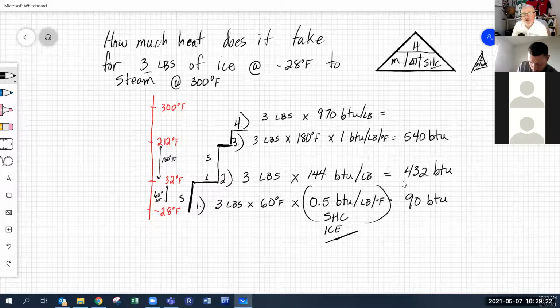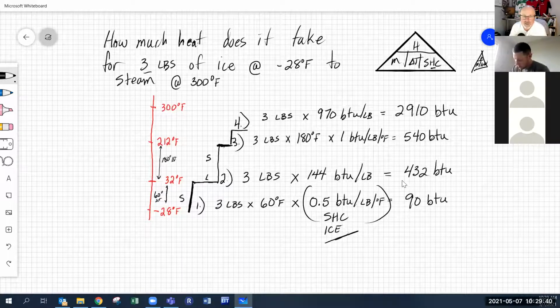Now that equals 2,910 BTUs to change the state of this water to steam. And now I have steam at 212.